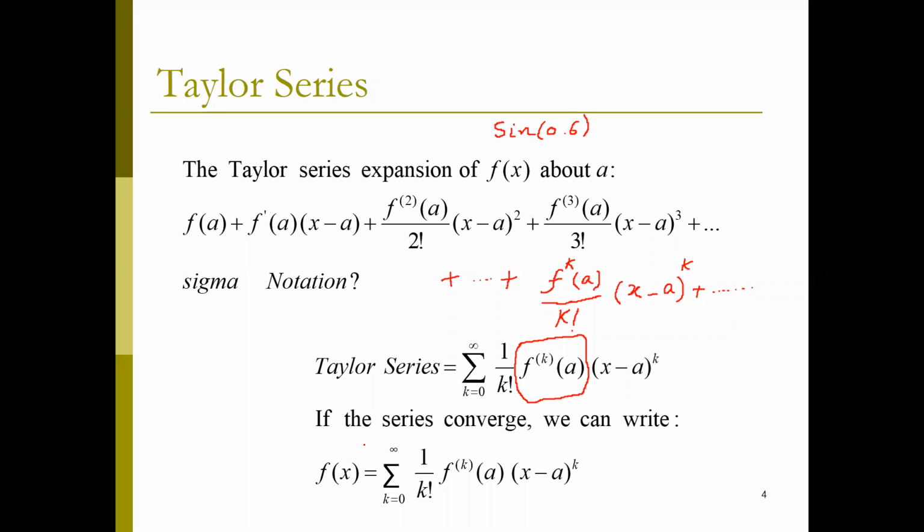So we can write the series either in the expanded form, this is the expanded form of the series, or this is the sigma form, the summation notation of the series. Now we have to cover one or two examples of this expansion.